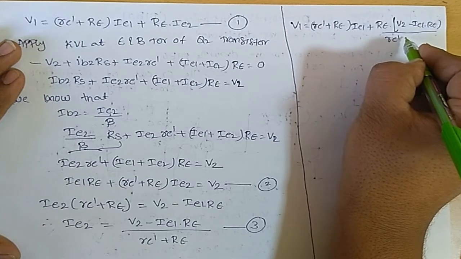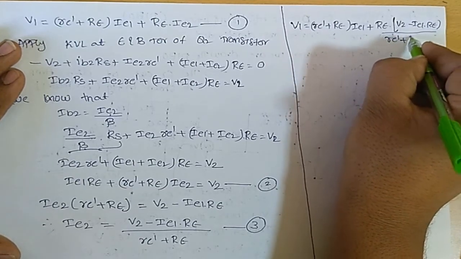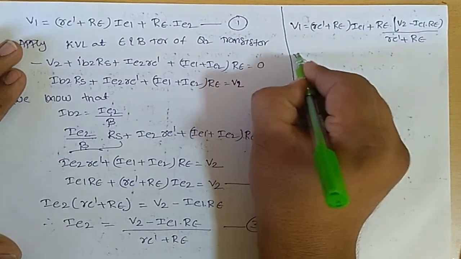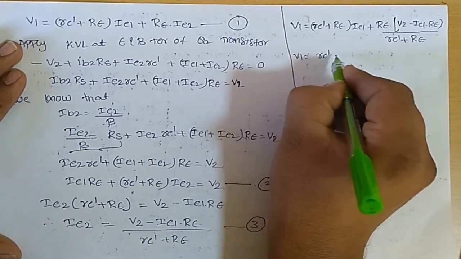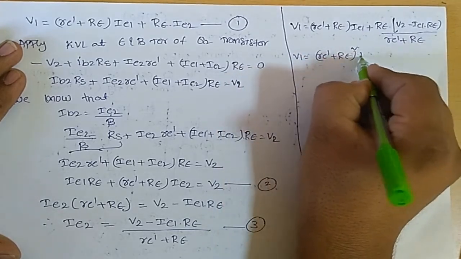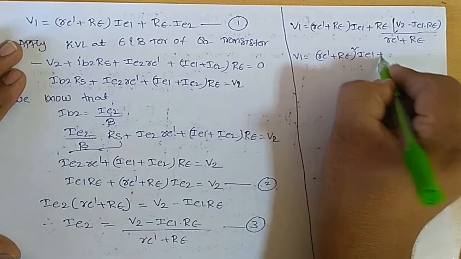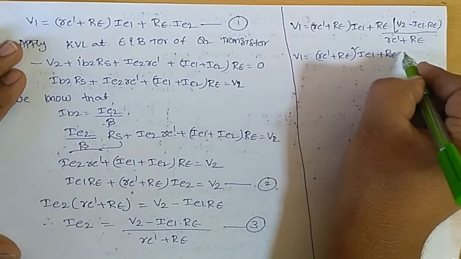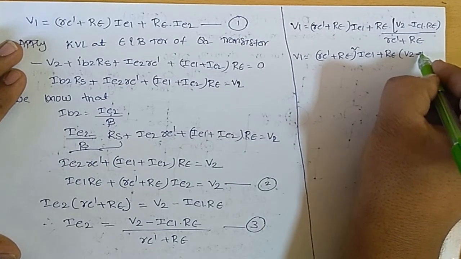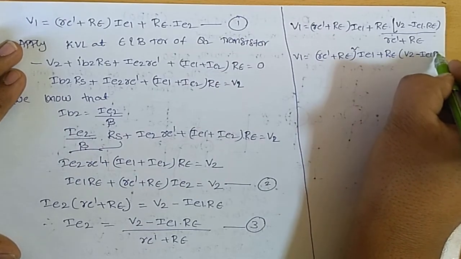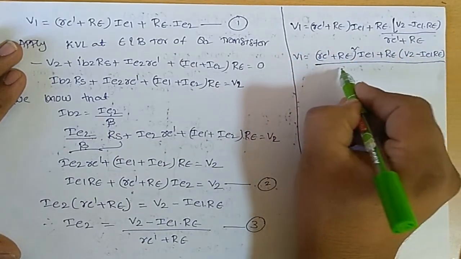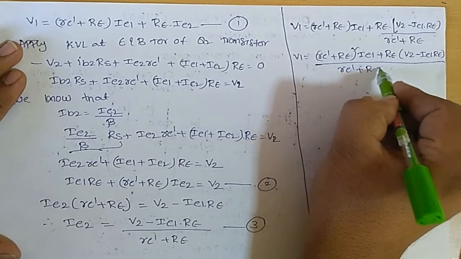Now we can simplify this equation, that is V1 equal to RE dash plus RE whole square into IE1 plus RE of V2 minus IE1 into RE, whole by RE dash plus RE.